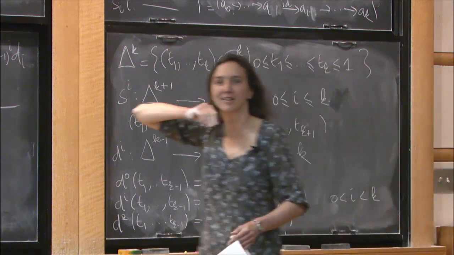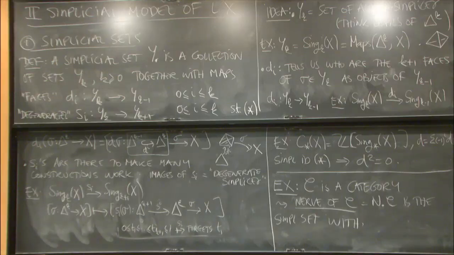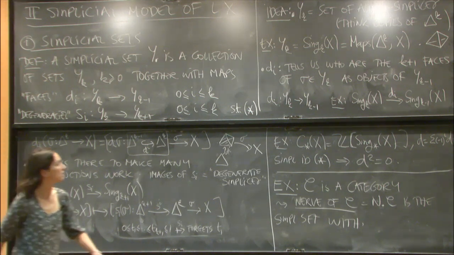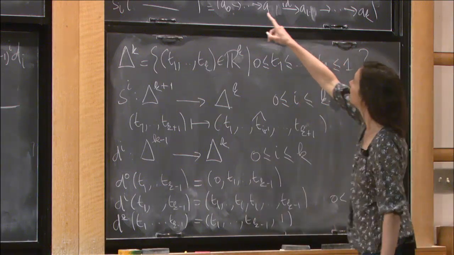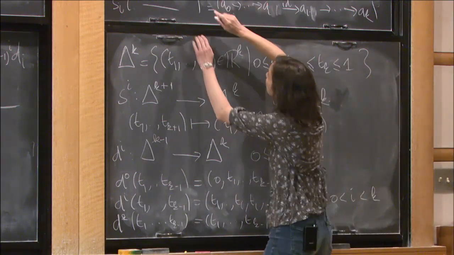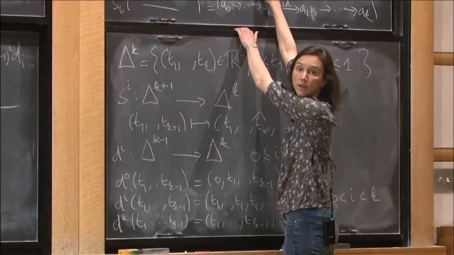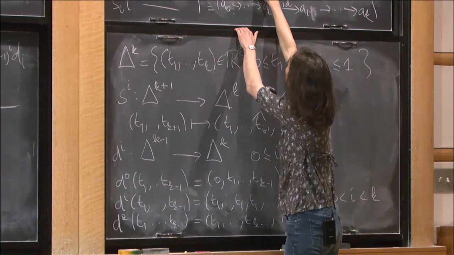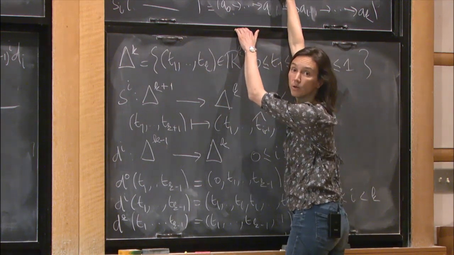A question about d_1: it composes the first two maps, that is, F_{i+1} composed with F_i. Yes, you compose the two maps.